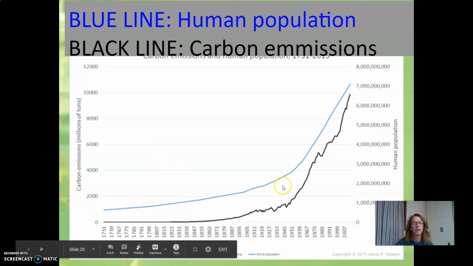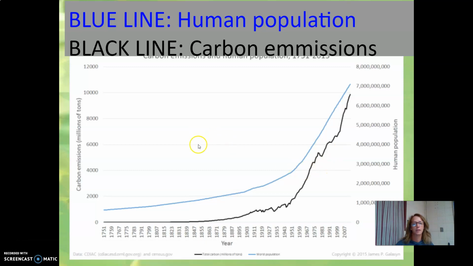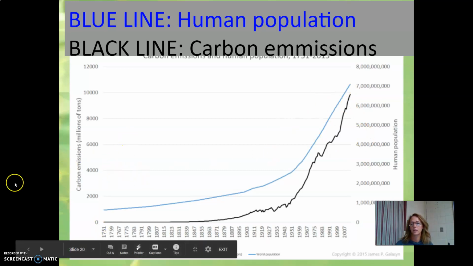Another interesting thing, as human population increases, carbon emissions increase, which is some data that people that believe that humans are the cause of carbon-induced climate change, this graph would prove that. We'll talk about all this more in class. Make sure you understand carrying capacity, and you can label a graph. Make sure you understand what causes carrying capacity and how to find it on that graph.